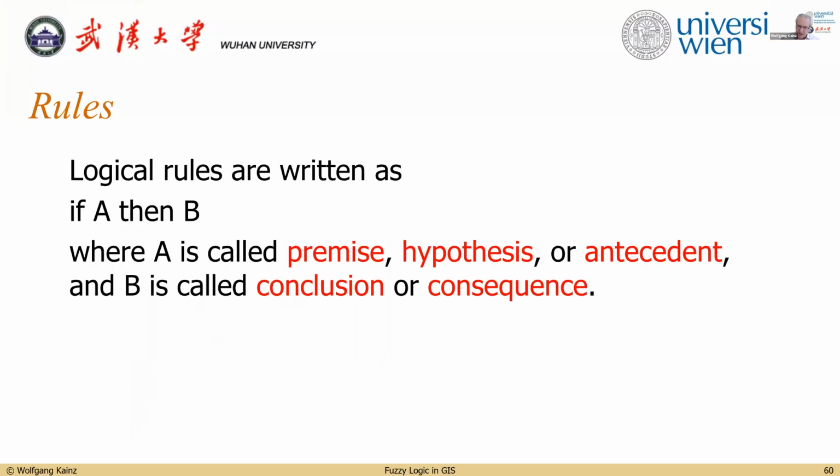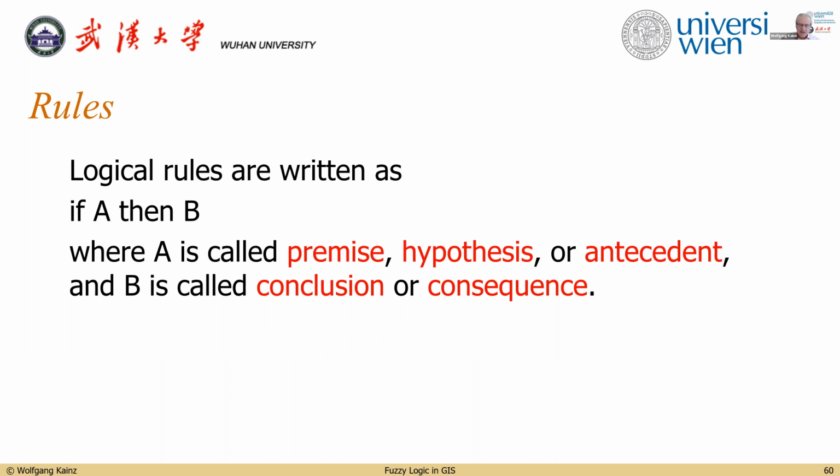Now, but first, let's look at what's a rule. In logic or in logical reasoning or in rule-based systems, a rule is normally written in the form if A, then B, where A is some statement and B is also some statement, where the A is called the premise or hypothesis or also antecedent, and B is called the conclusion or the consequence.